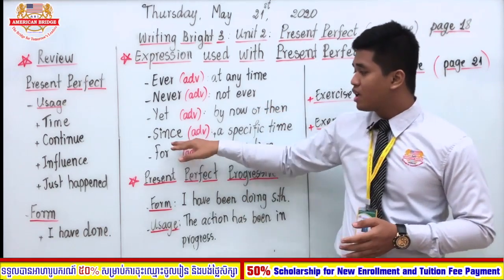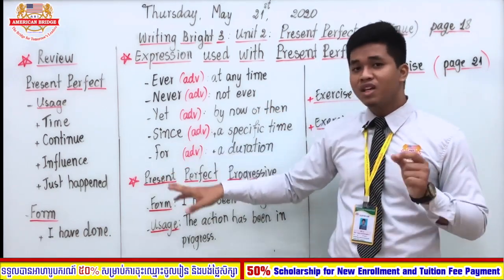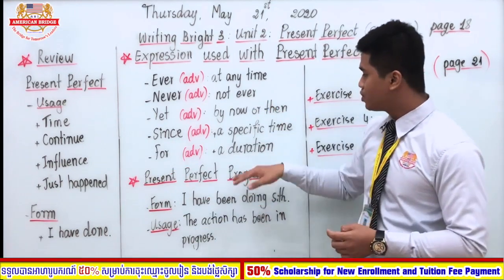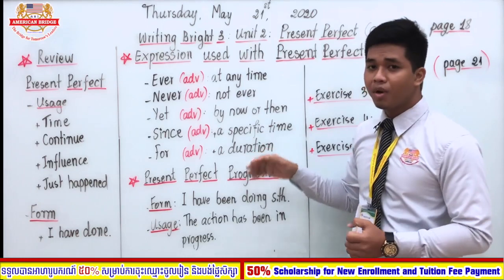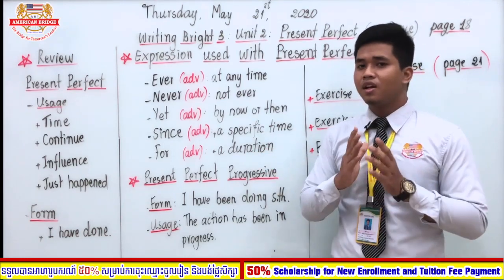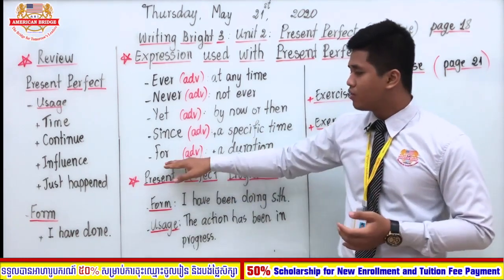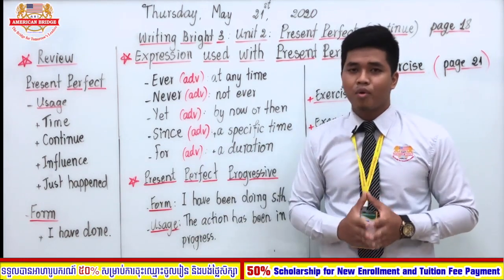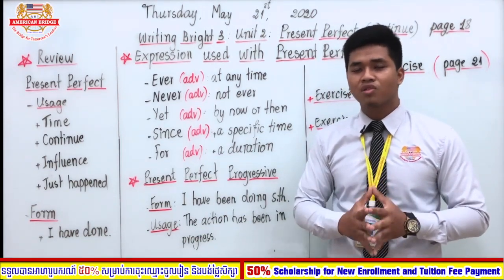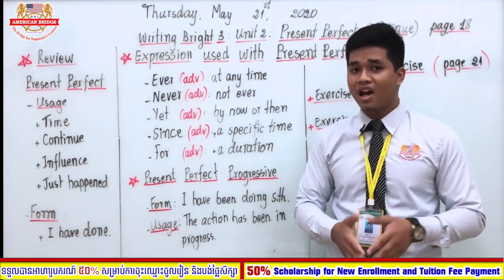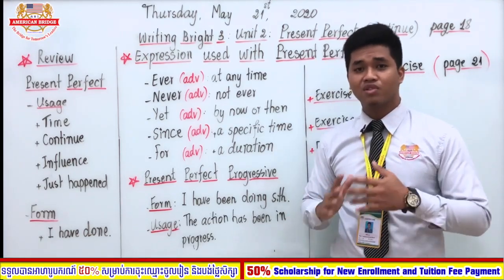Next, the words since and for. The word since is used with a specific time, and it's different from the word for. Let me give you an example. I've learned English since I was a child.